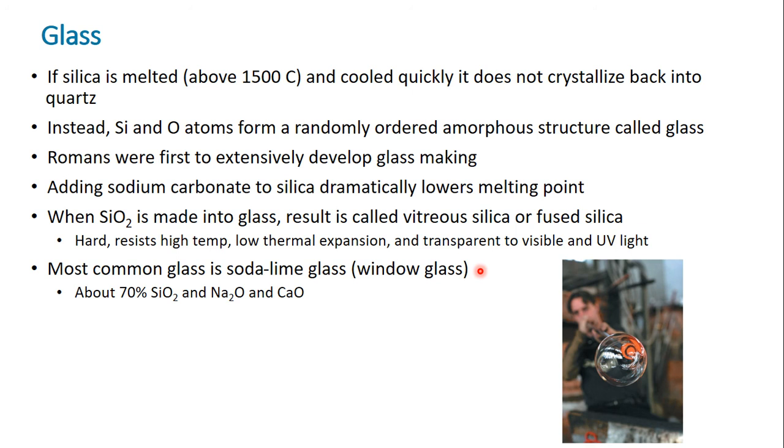But that's not usually the glass we see every day. Most glass we use and see is called soda lime glass or window glass, where you have 70% silica, then some sodium oxide and calcium oxide. That's usually the glass you're going to see in your day-to-day life.